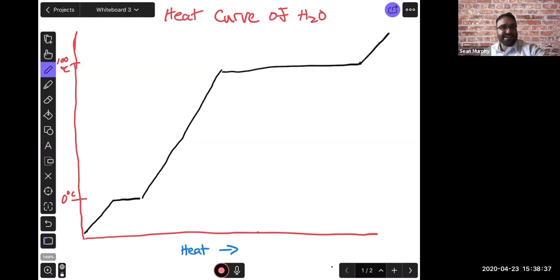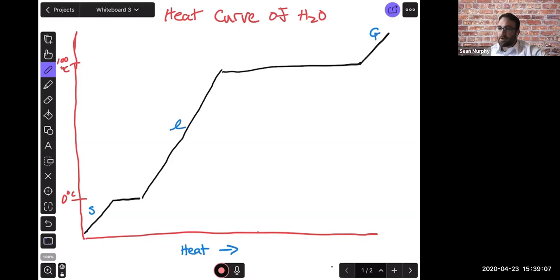Each diagonal represents a state of matter, which is what you're normally used to, and each horizontal is the transition phase. So we have solids, liquids, and then gas.